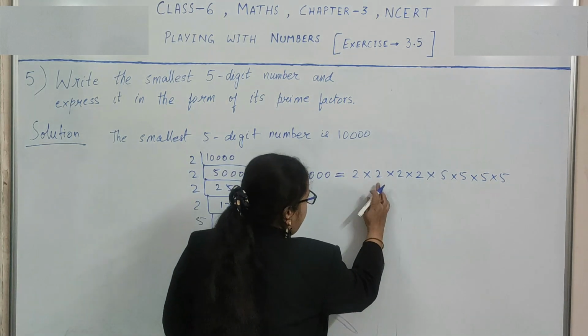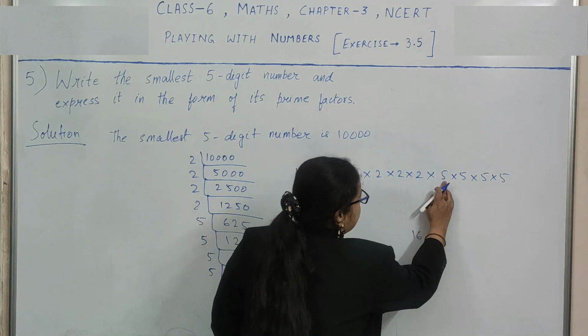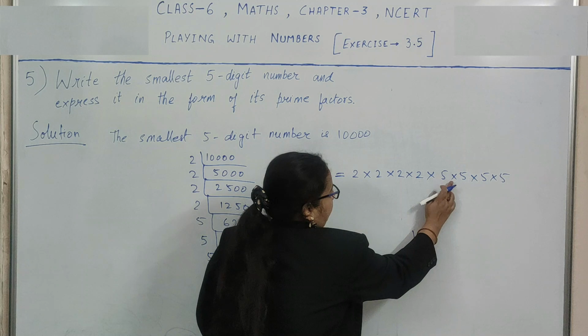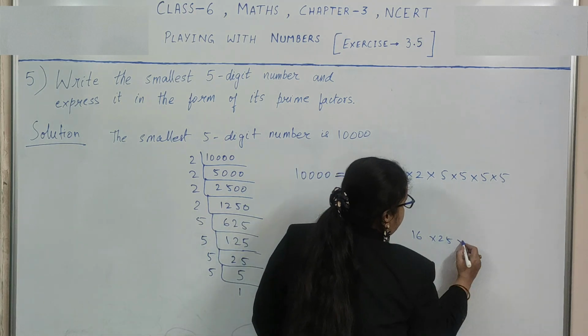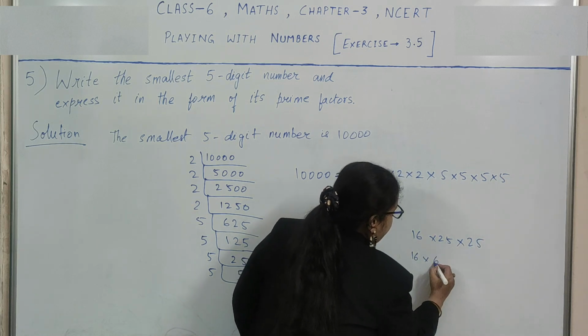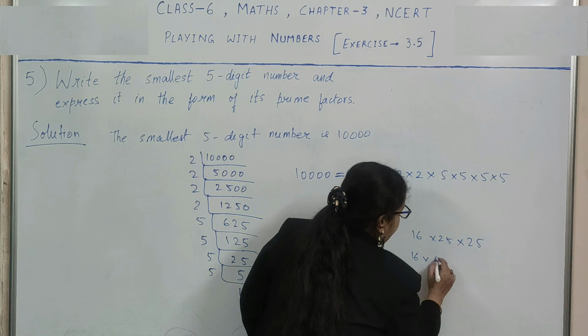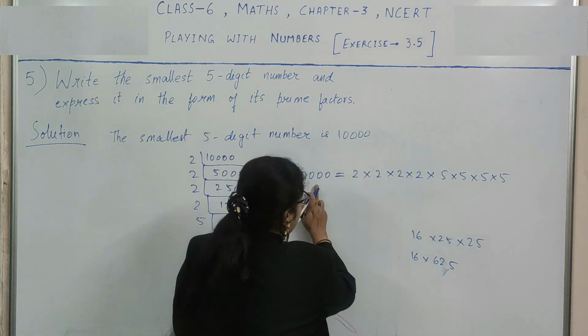See, 2 2s are 4, 4 2s are 8, 8 2s are 16, right? I will write it here. And this is 25, 5 5s are 25, okay, and again 5 5s are 25. So 16 and 25 into 25 is 625. So if you multiply these two numbers, you will get 10,000.